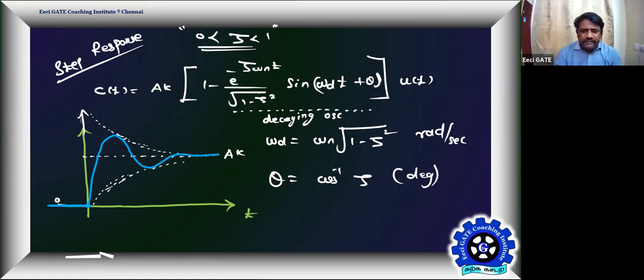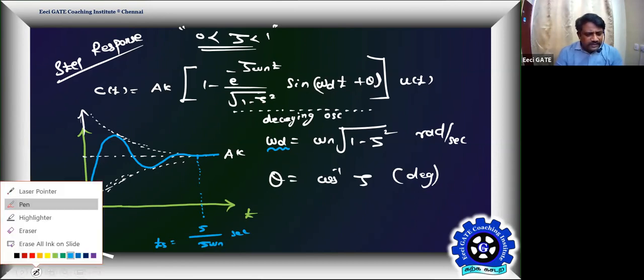And this frequency of oscillations is omega d. So omega n given, damping given means we can find the oscillation frequency. Then the system is going to settle at 5 by zeta omega n seconds. That's your settling time. Till then you have the transient response.